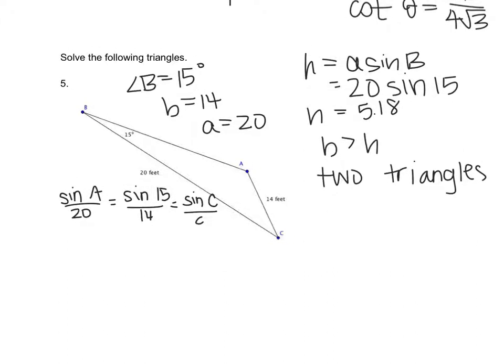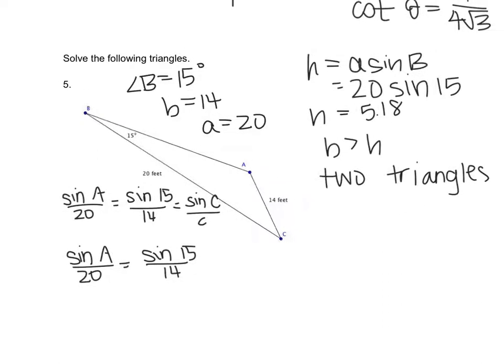So sine of A over 20 equals sine of 15 over 14. We're going to multiply both sides by 20. So sine of A equals 20 times the sine of 15 over 14.